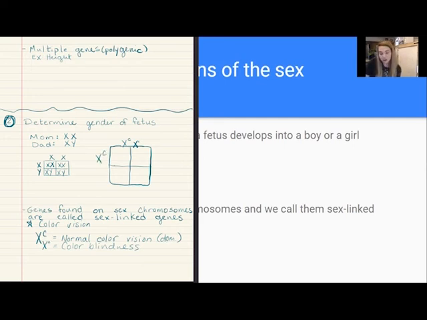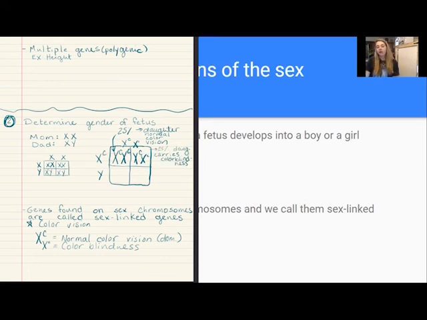So if we put these letters into our Punnett square, what we're going to see is X capital C, X capital C. In this box, this tells us there's a 25% chance that these two people will have a daughter, and she's going to have normal color vision. In the next box, we would get X capital C, X lowercase c. This tells us that there's a 25% chance they'll have a daughter that carries color blindness.